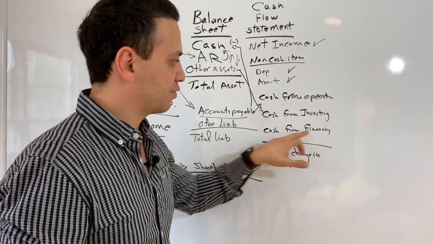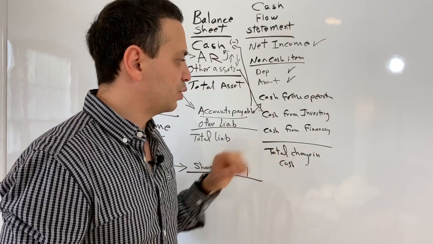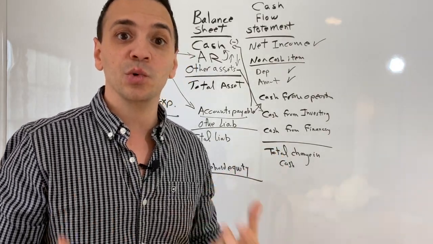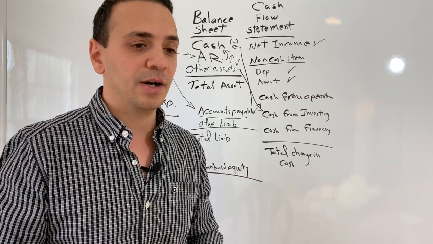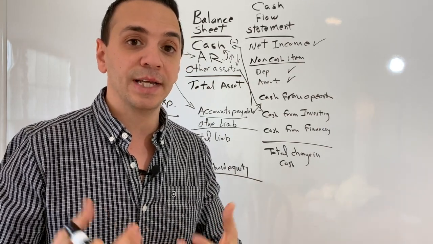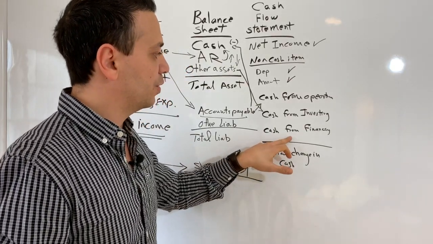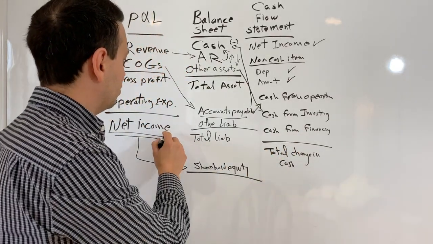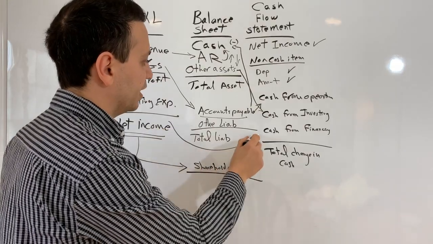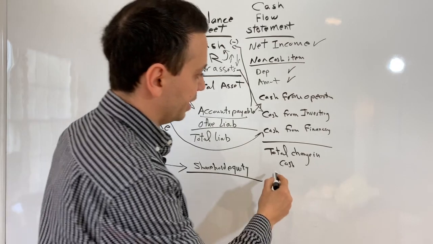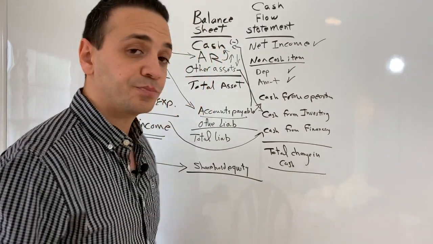The next item is cash from financing activity, and that represents if you've acquired new debt, you've taken on a new loan, or you paid off a loan, or the actual interest or the service on that loan, that will go into cash from financing, and that will be coming from the P&L into here. And the total of these activities will be the total change in cash.